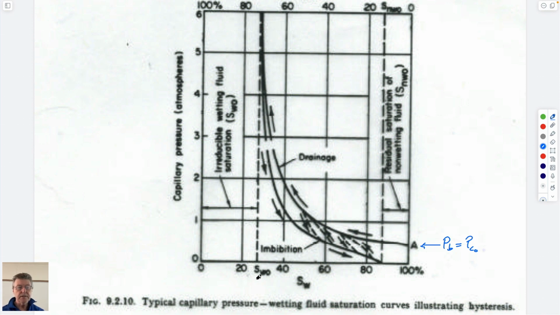This is the irreducible saturation of water. This would be the irreducible saturation of the non-wetting fluid. We defined those terms before. And so these areas, this irreducible saturation, is kind of no man's land. You can't get into this location.